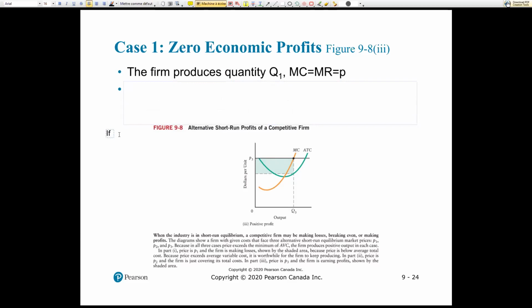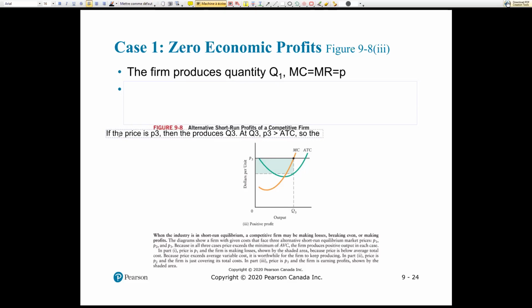If the price is P3, then the firm produces Q3, and at Q3, P3 is greater than the average total cost.